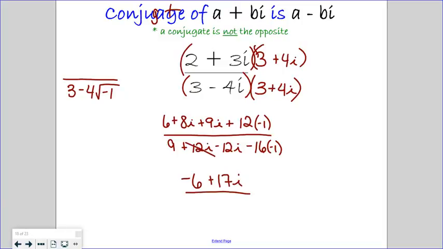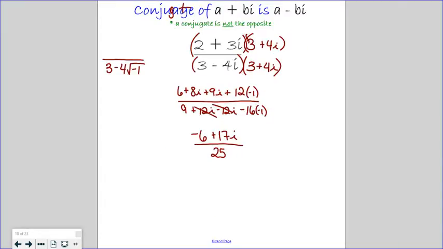And then, just as we needed to, my middle terms drop out there. 12i minus 12i is gone. 9 plus 16 is 25. Okay. And we are always supposed to write this in our complex format, which means, again, break at that plus sign, give both of them the common denominator, simplify those fractions if able.